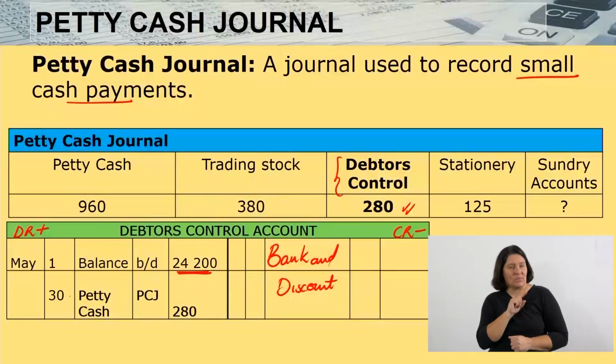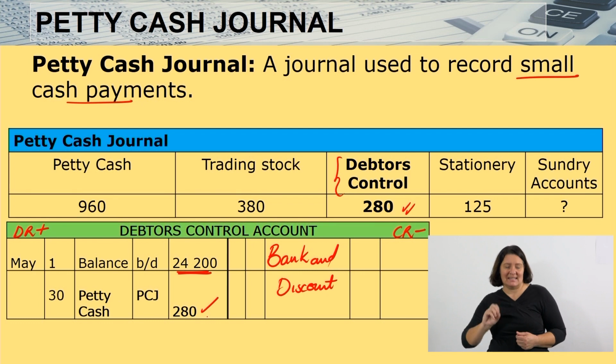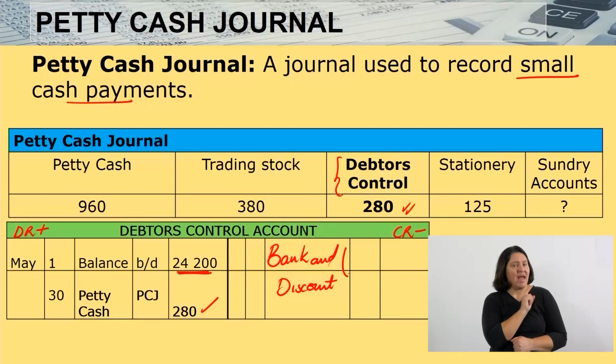So that is why you find on the debit side your petty cash, PCJ 280. This can be a refund to our debtors because they had paid more than what was necessary. And the amount does not warrant us doing an EFT, so we can do a small cash payment. Remember, petty, small cash payments.